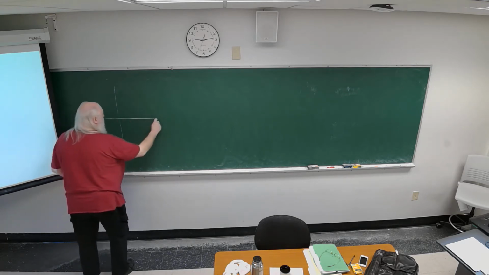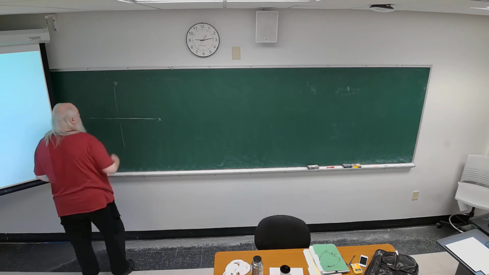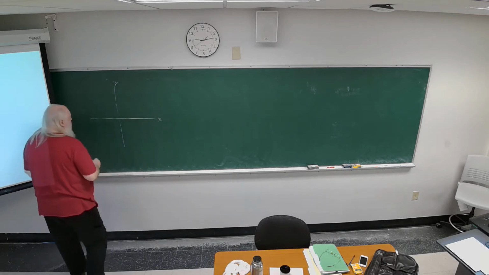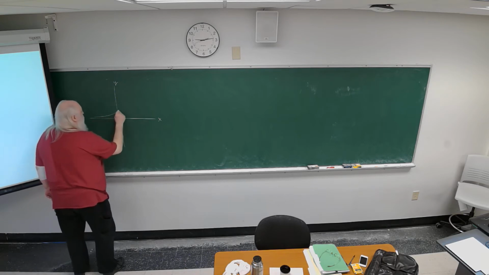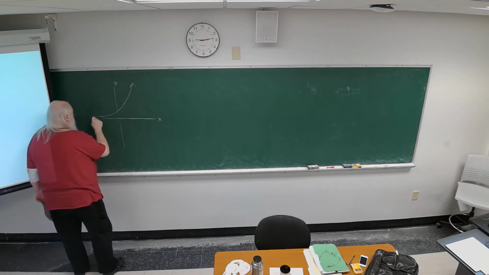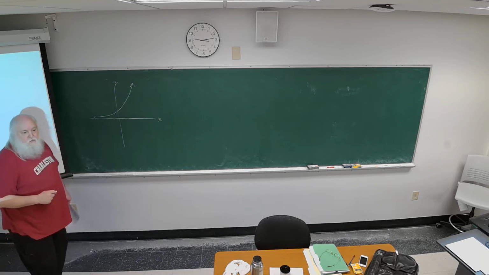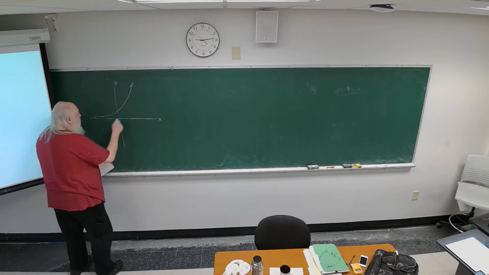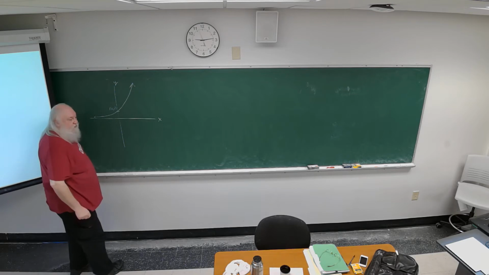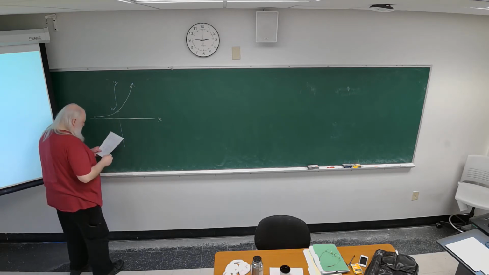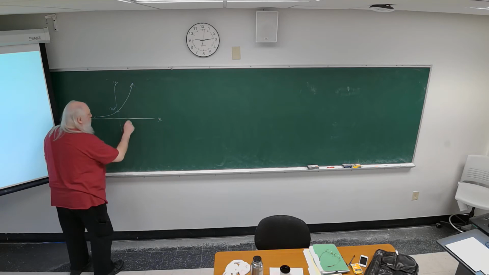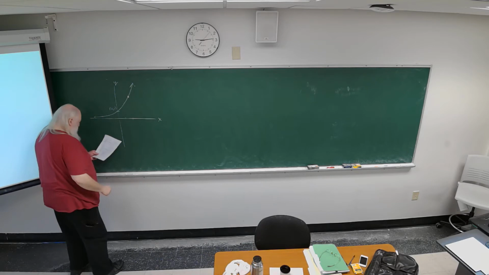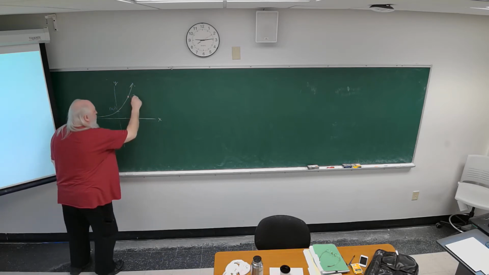So I provided you a coordinate plane. And here is the graph of a one-to-one function. It passes the horizontal line test. And this graph crosses the y-axis at the point (0, 1). That's the y-intercept. And this point right here is the point (2, 3).